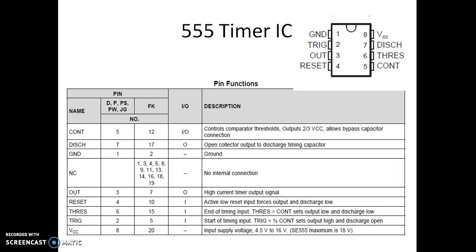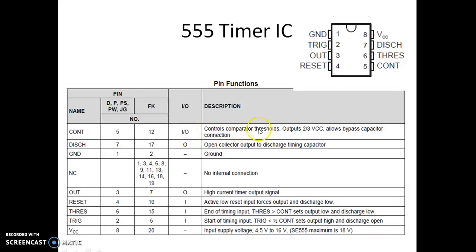Let us again have a look at the function of each of the pins, that is which is input, which is output. As you can see here, this CONT, that is control voltage, which is pin number 5. This is for a different package, no need to look at this. Pin number 5 is actually an I/O pin, so it is input as well as output.